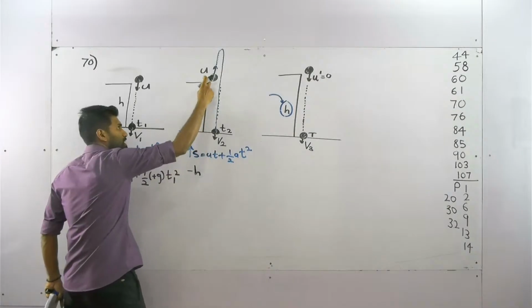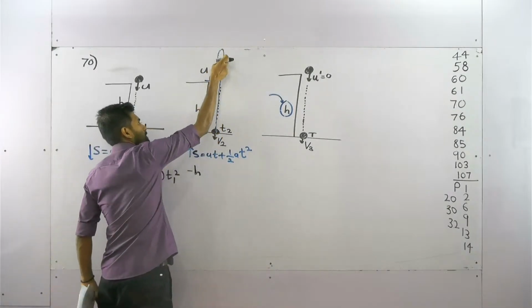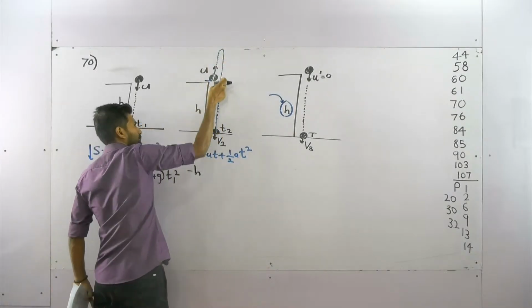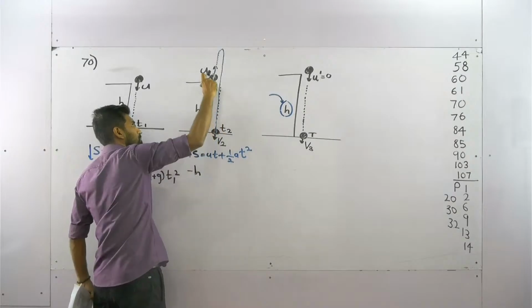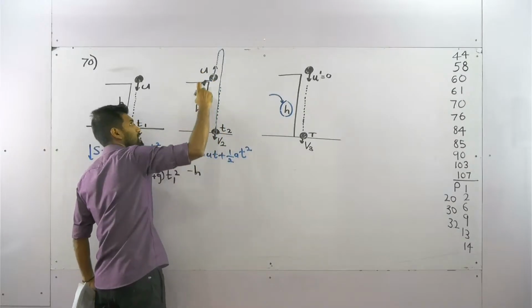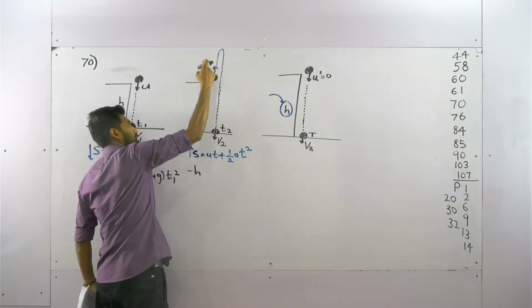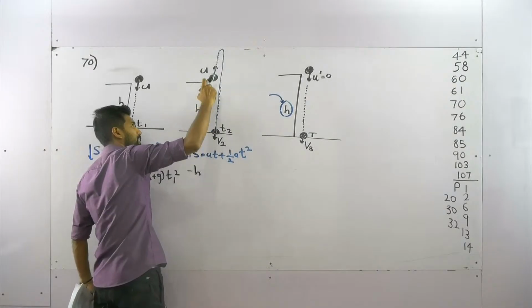This is the distance that it travels. Displacement is the gap, so it is h again, but as you are using the equation upward, the final gap is on the other side.